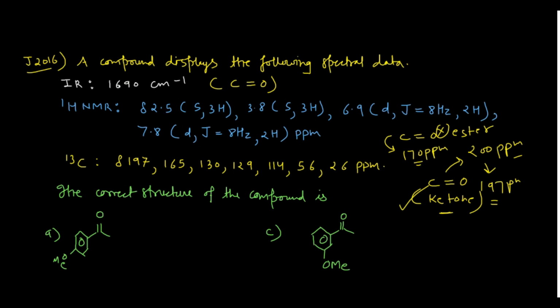So what does the proton NMR spectrum say? If you have studied the spin systems of the substituted benzene ring, then you will be able to solve this question. Pretty straightforward. Here you see we are getting at 6.9 a doublet of 2 protons, and at 7.8 again a doublet of 2 protons.